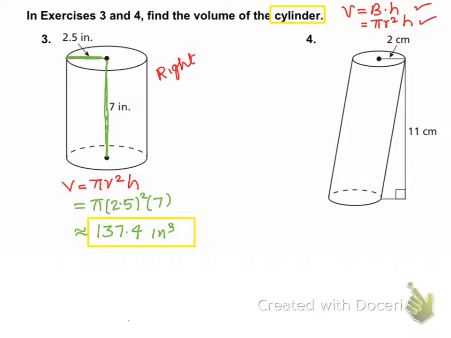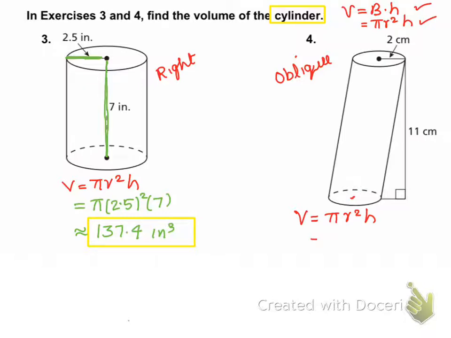But when I look at question number 4, that's an oblique cylinder, because it's tilted. The centers are not aligned on top of each other. It's fine, we apply the same formula. V is equal to pi r squared h.